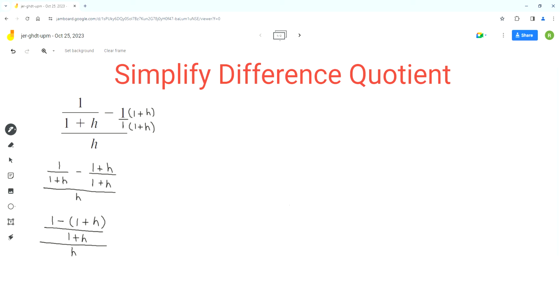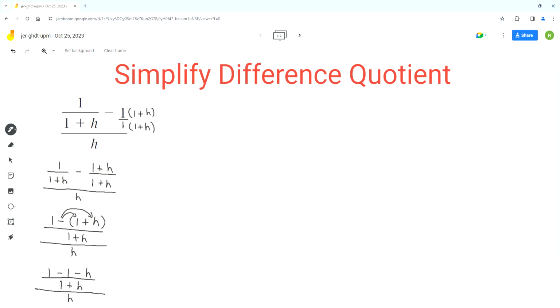Now we can simplify the expression at the top by distributing this negative into the parentheses. So both terms get multiplied by negative 1. So we get 1 minus 1 minus h over 1 plus h, over h.